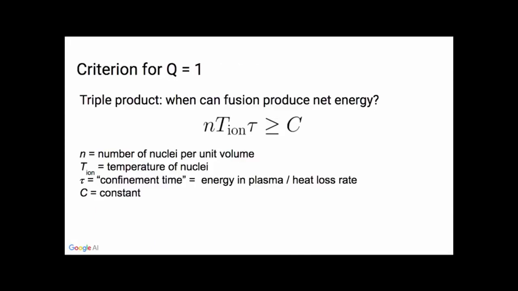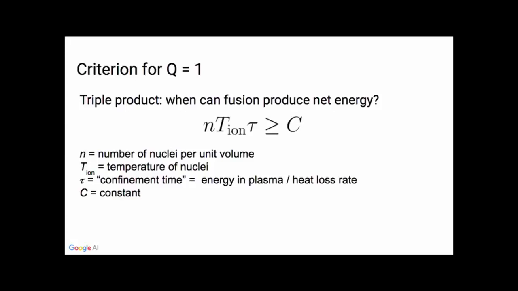Now, what's the criterion for Q equals 1? It turns out that the plasma physicists worked this out back in the 50s and the 60s. There's another criterion called the triple product, which predicts when fusion can produce net energy. And that is a product of the density of the plasma, which is the number of nuclei per unit volume, times the temperature of the nuclei, times something called the confinement time.